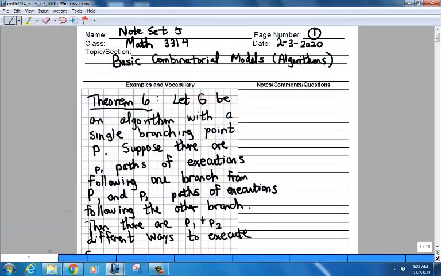Now we're going to talk about a different way of modeling sets or counting sets, and this is using the notion of algorithms to create elements in the set. You're probably more familiar with this idea than you are with set models, so you might find this easier.